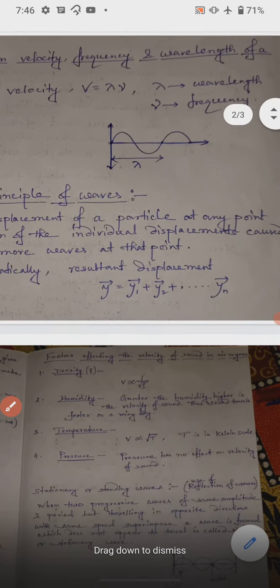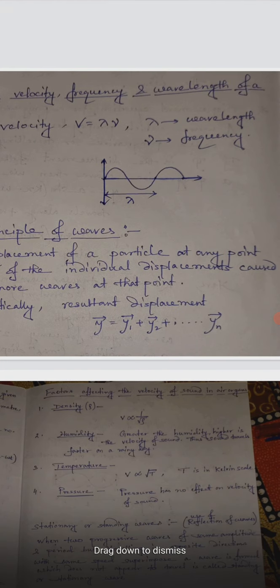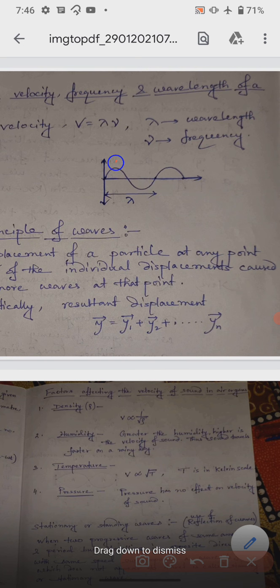But apart from this definition, we can also find the wavelength another way. Let us focus on this diagram. As I told you, crest to crest is one wavelength, and trough to trough is again the definition of a wavelength.